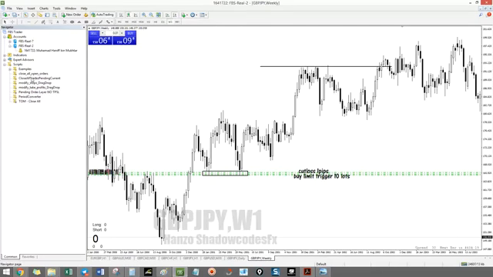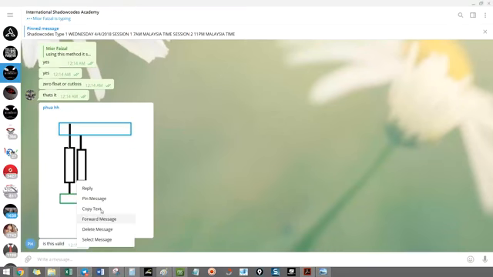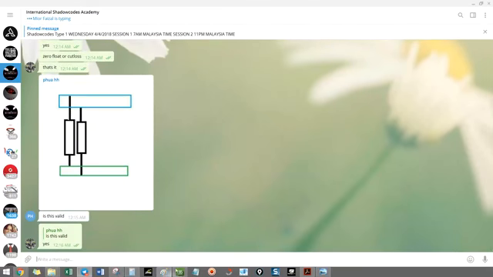Close or pending current. Is this valid? Yes, valid.